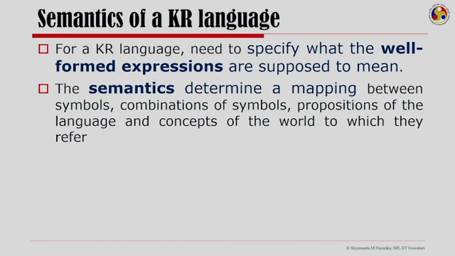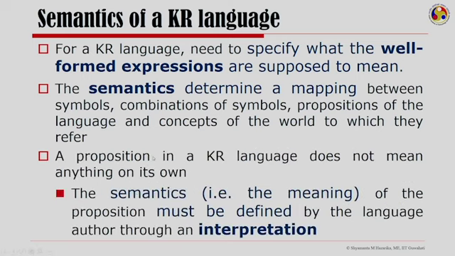The semantics actually is a mapping between the symbols, combinations of symbols, propositions of the language and the concepts of the world to which they refer. So, a proposition in a knowledge representation language does not mean anything on its own. The semantics, that is the meaning of the proposition, must be defined by the language author through something called the interpretation. So, that is very important, that I have a precise syntax and a precise semantics.